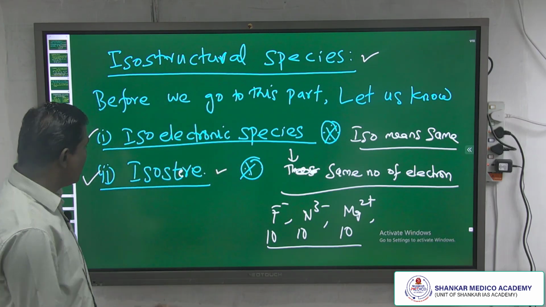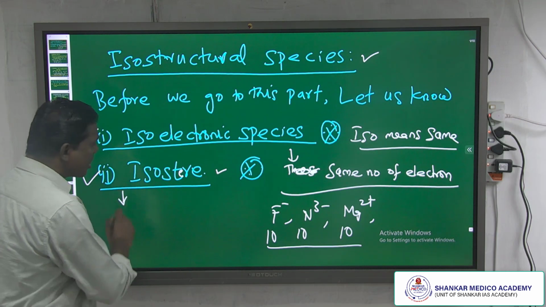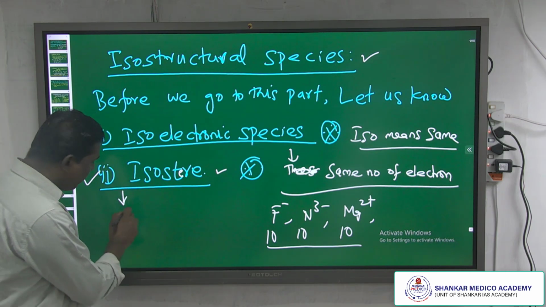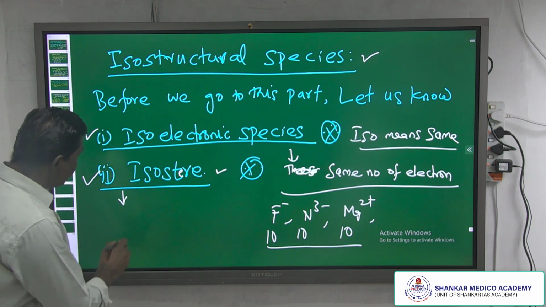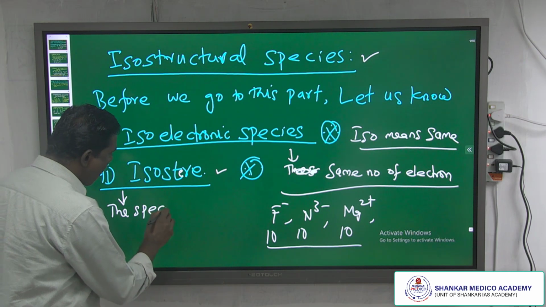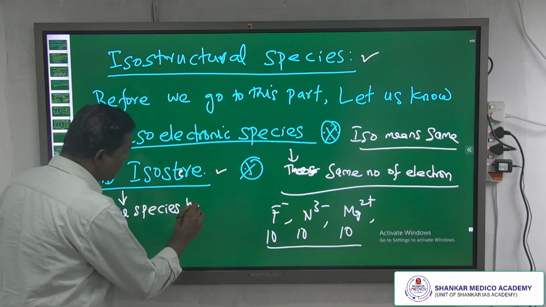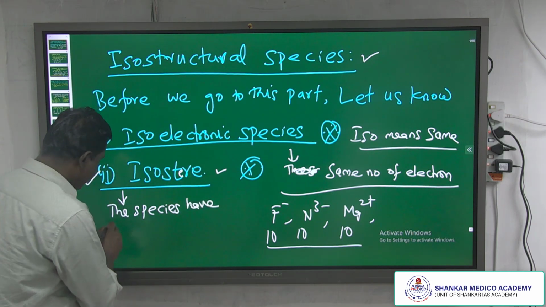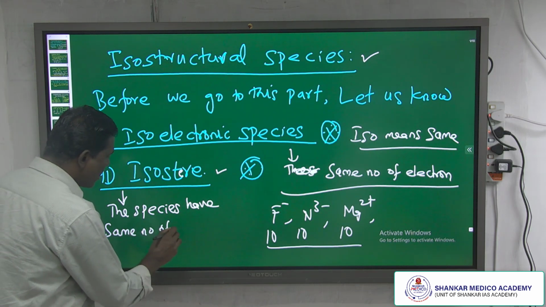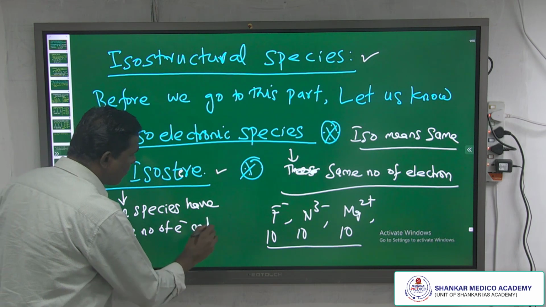And simply coming to our isostructural species, isosteres. These isosteres means what we should understand, that the set of species have the same number of electrons and the same number of atoms.